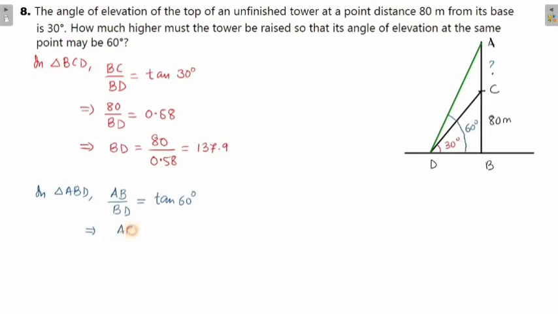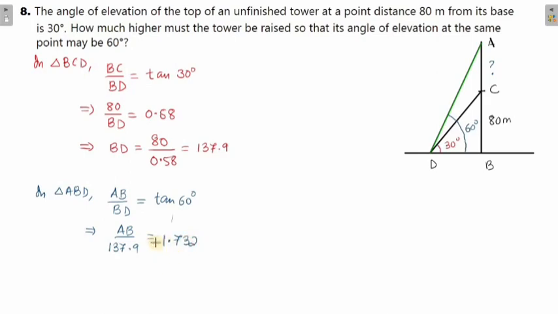We don't know AB, the height of the tower. BD we just obtained as 137.9, equals tan 60 degrees, which from the table is 1.732.